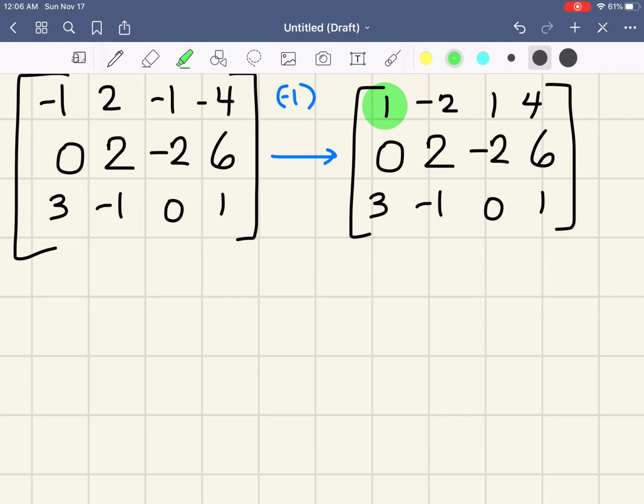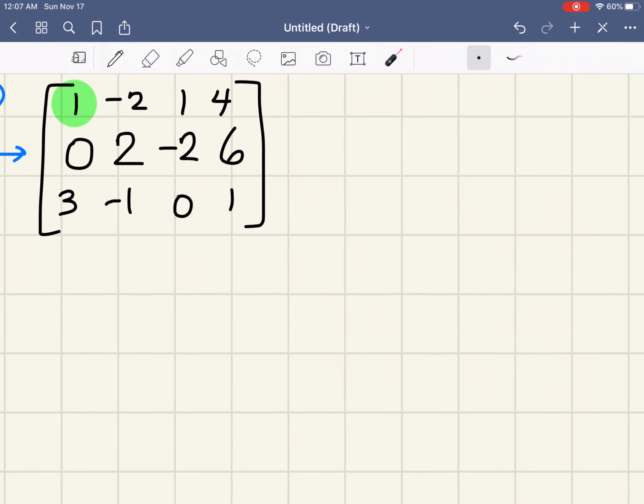What I'm going to do next is use the row that I just got my leading 1 in, which is this first row, to zero out all the entries in the columns below it. There's already a 0 here, so I don't have to worry about that. I want this to turn into a 0, and I'm going to use my first row to do it.